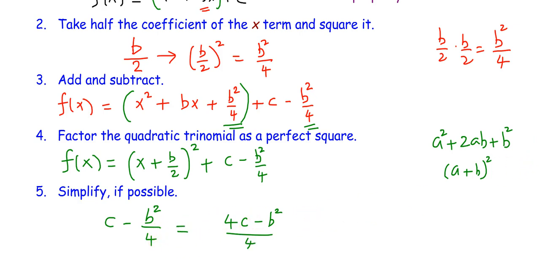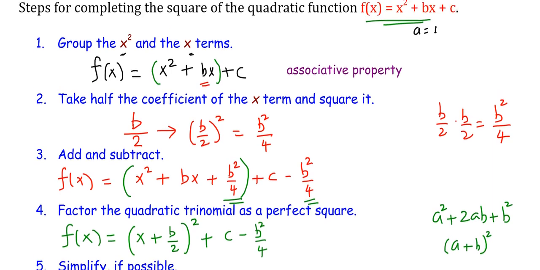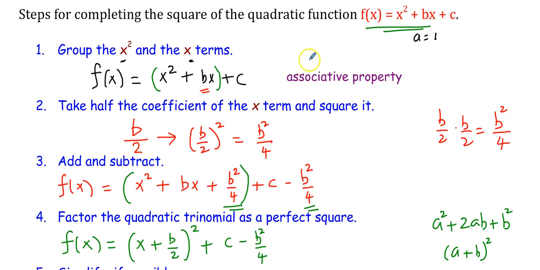So what are our 5 steps to change a quadratic function from standard to vertex form? In the first step, you group the x squared and x term together, and then take half of b, that is b over 2, then square it, and whatever you get here is added and subtracted.